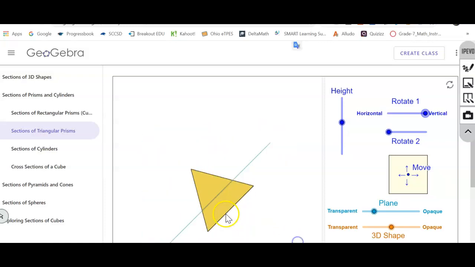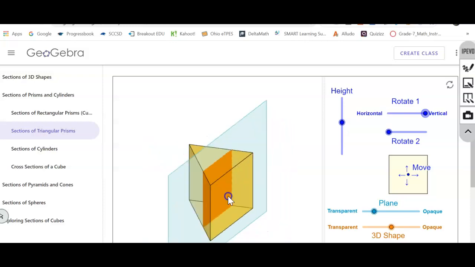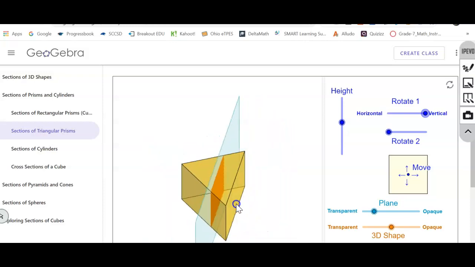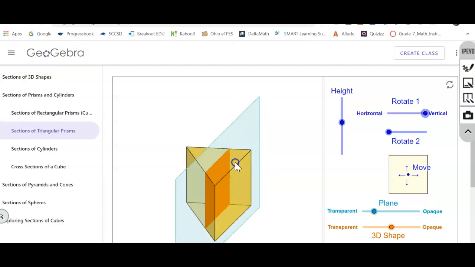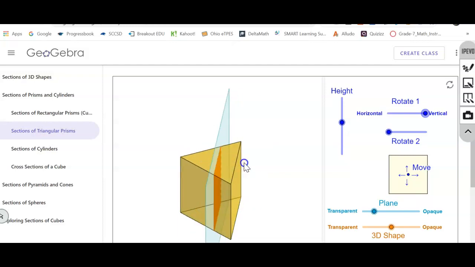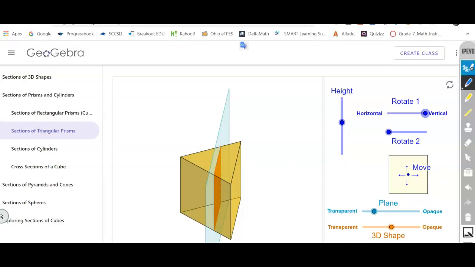Okay, now, so this is our vertical slice. Now, what if I give you dimensions? What if I say that the sides of the triangles are 10, that the height of the prism is 15?